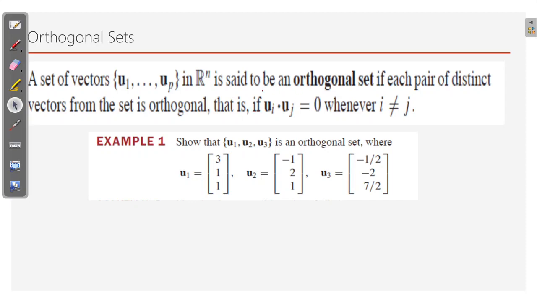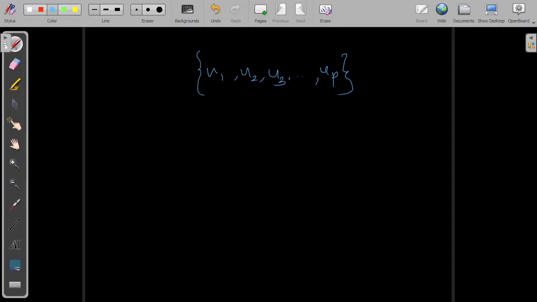That means ui dot or inner product uj equal to 0, for all i not equal to j.